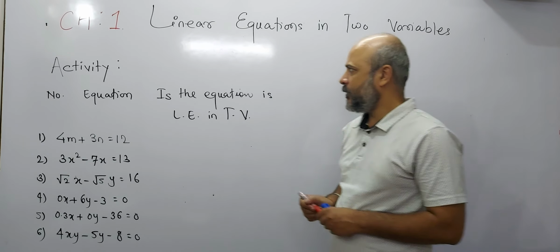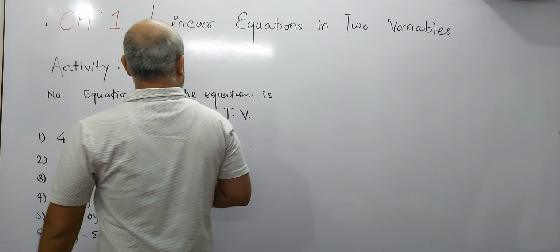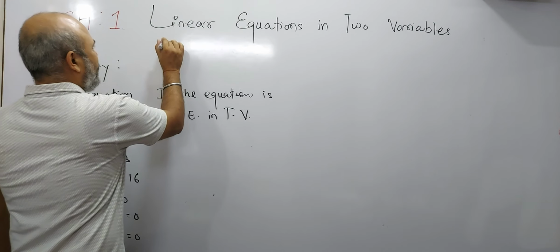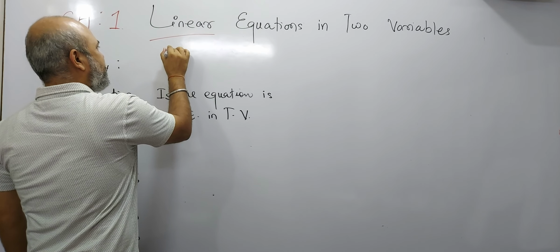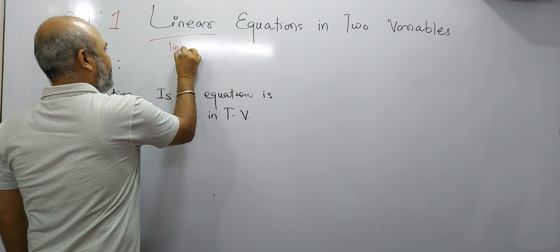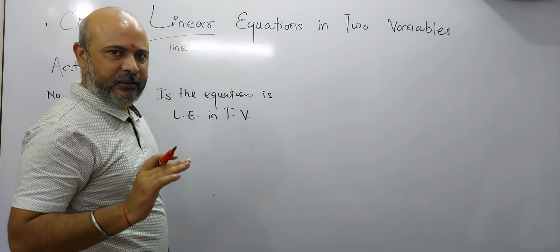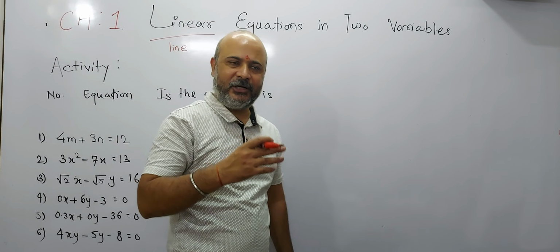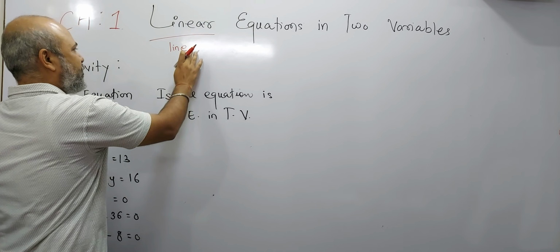Students, first we will know the meaning of linear equation in two variables. What do you mean by linear? Linear means line, you may say that. It means when you represent this equation on graph paper, you will get a straight line.